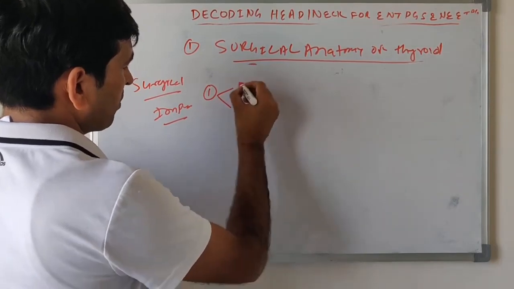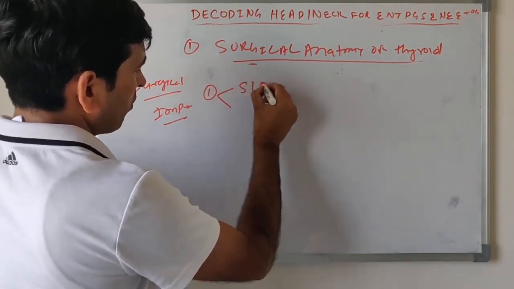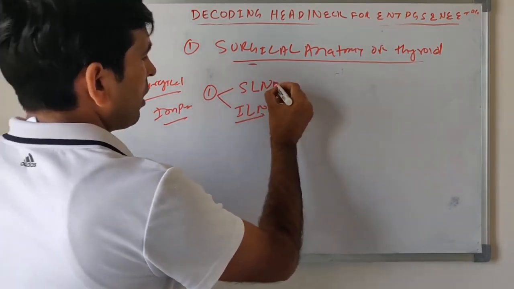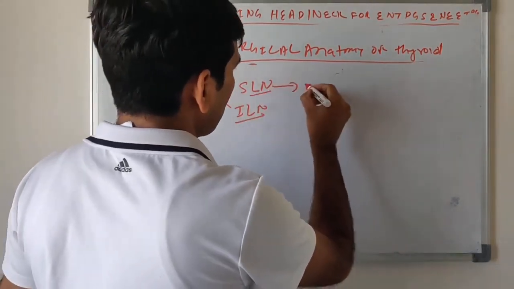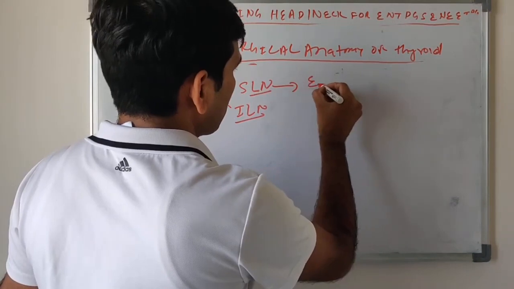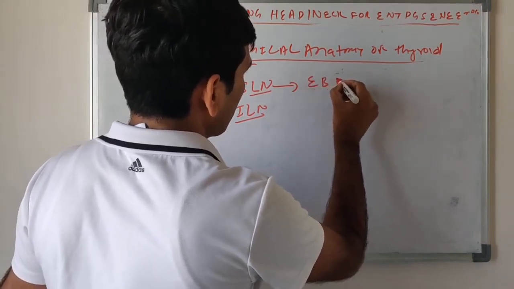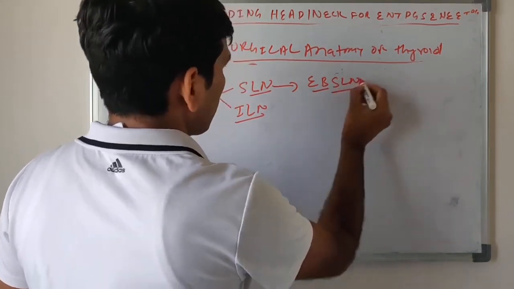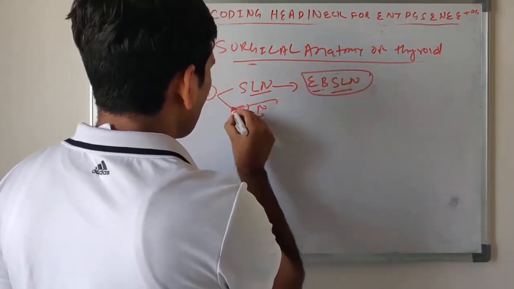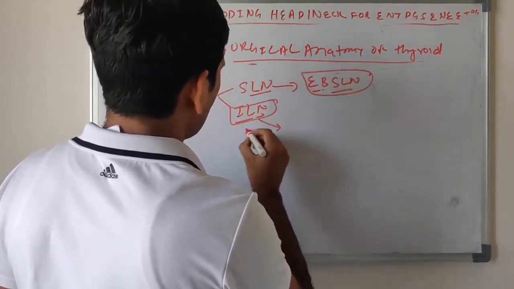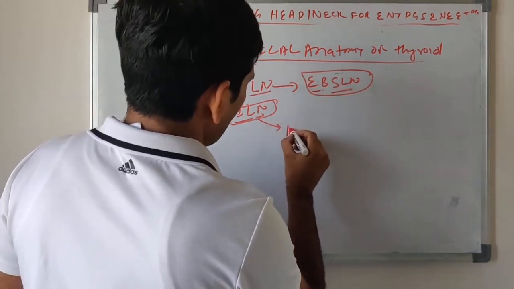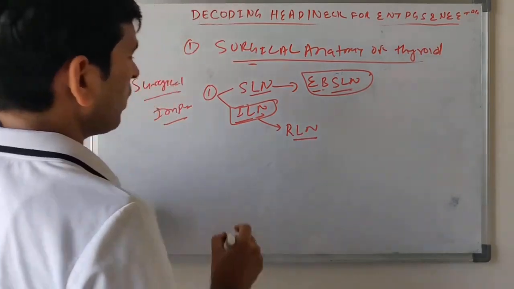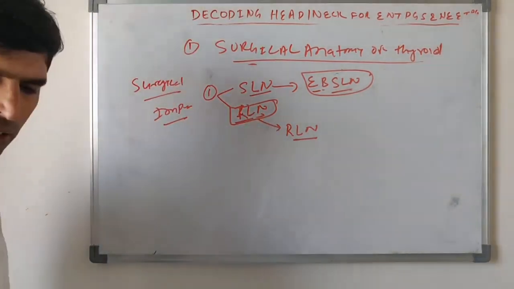We have to preserve the superior laryngeal nerve and inferior laryngeal nerve during thyroid surgery. The main branch which supplies the cricothyroid is the external branch of the superior laryngeal nerve. So we have to focus on this and on the recurrent laryngeal nerve, mainly.